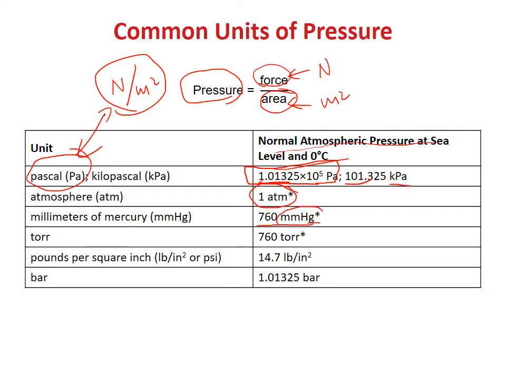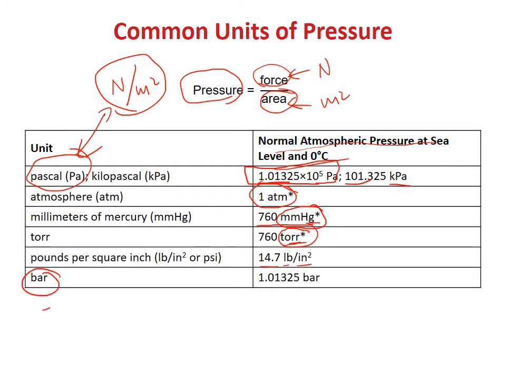Millimeter mercury height is also called torr. So 1 atmosphere is 760 torr, which is equivalent to 14.7 pounds per inch squared.